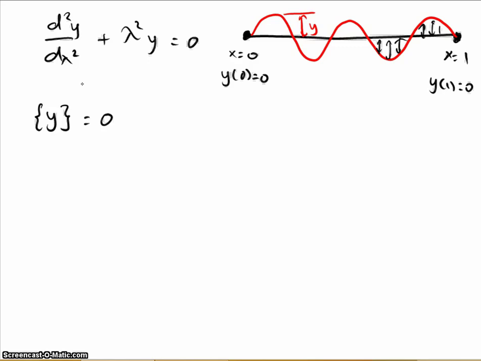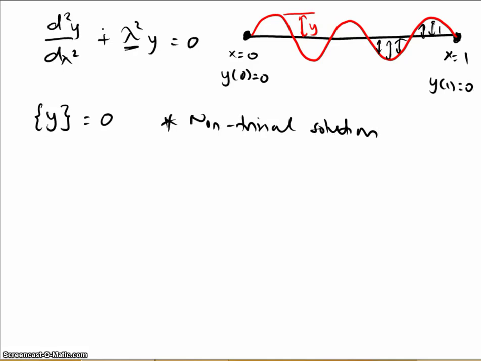What does this mean physically? If y = 0, it means there's no vibration in your string, and this is not a solution that we're interested in because there's nothing to analyze for a non-vibrating string. So what we want are non-trivial solutions, and the existence of these non-trivial solutions would depend on your values of lambda, which at this stage is still unknown.